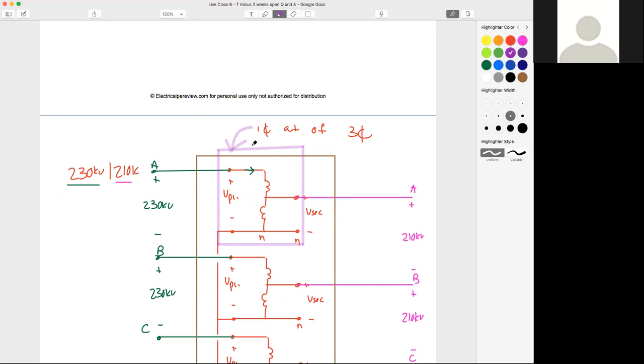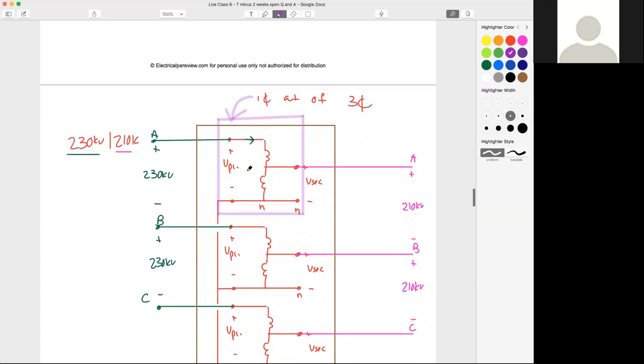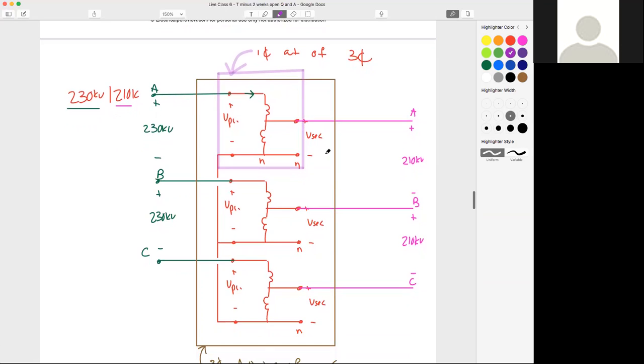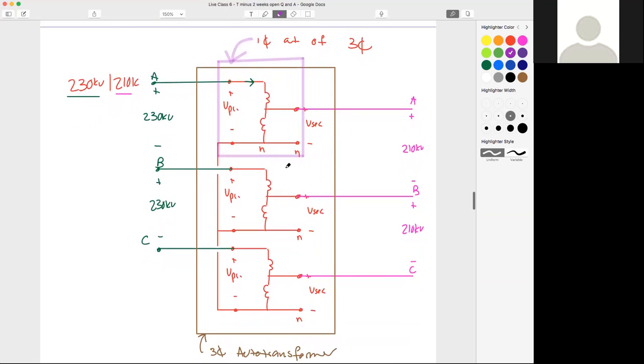We have to make sure we use our phase voltage values. Otherwise, we're going to accidentally put our line values here, and our equations are going to be all messed up. So does everyone see that relationship? Does everyone see how that works?